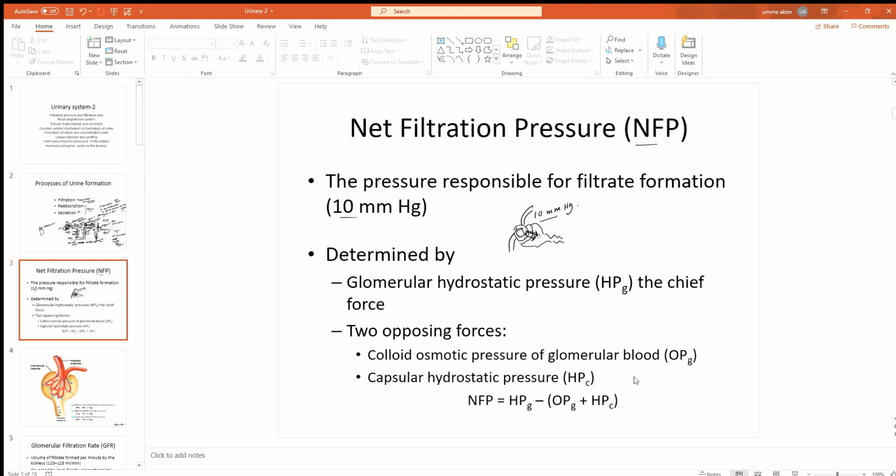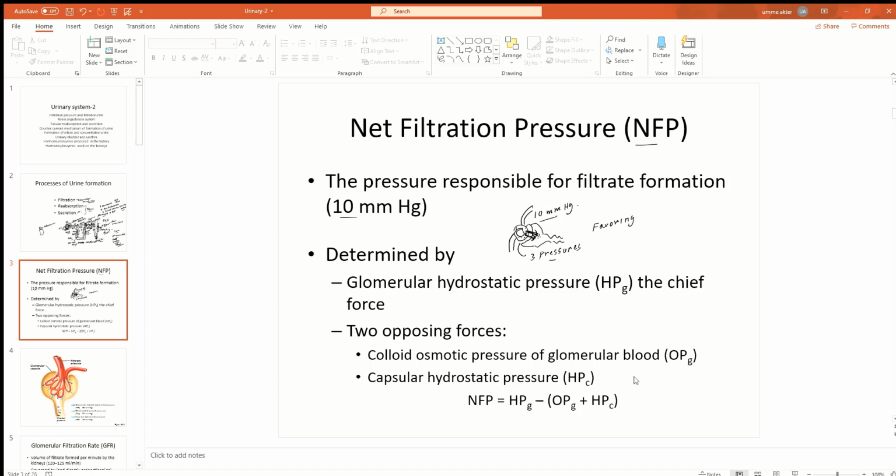However, three different pressures work here. Three pressures are present there. Okay, one is the pressure that is trying to push the fluid from here to here. That is the favoring pressure, favoring the filtration, right?